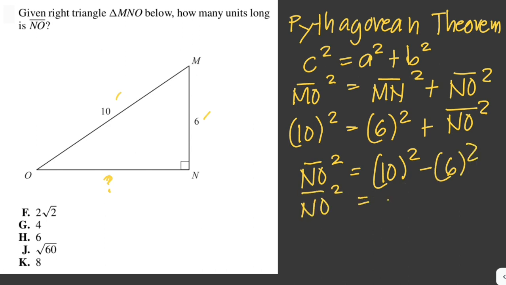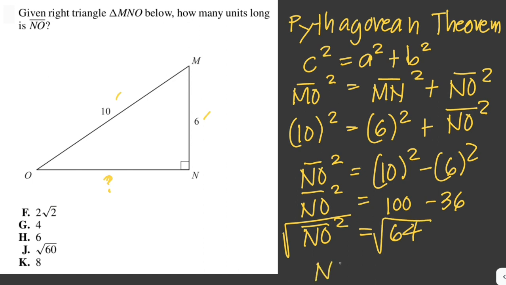So this is 100 minus 36, and this is just equal to 64. And then we take the square root of both sides. Therefore, segment NO, or one of the legs, is just equal to the square root of 64, and that is equal to 8. So the answer here is letter K.